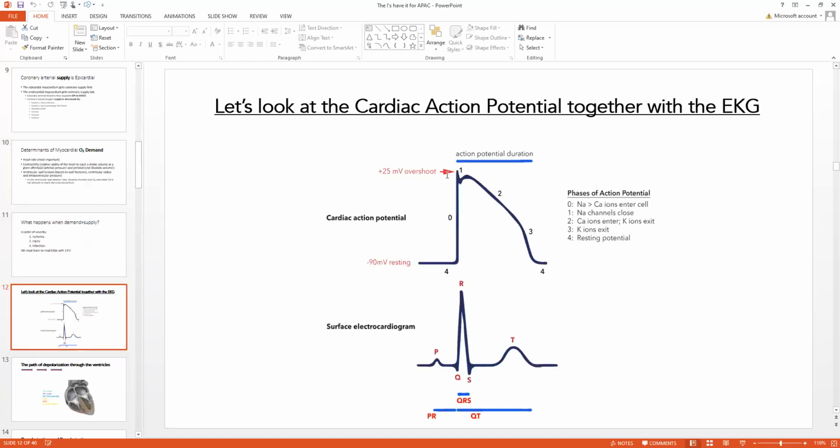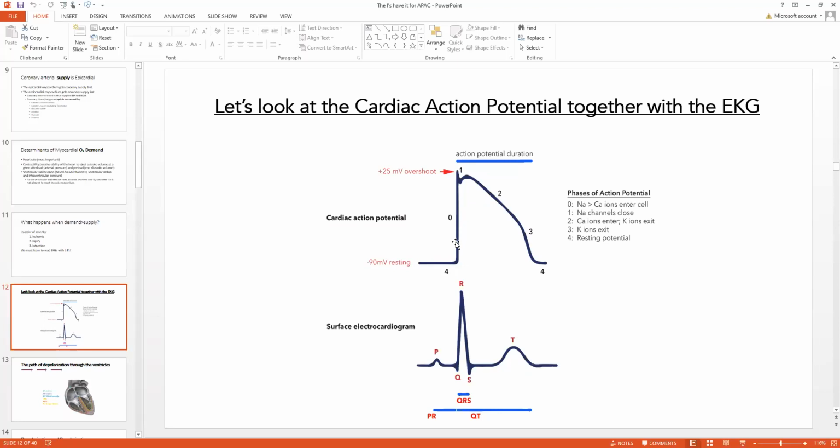All right, so let's look at the cardiac action potential together with the electrocardiogram. They're both on the same x-axis. On top is the cardiac action potential of a single cell, and there are phases 0 through 4. Phase 4 is resting. The resting potential is negative, minus 90 millivolts.